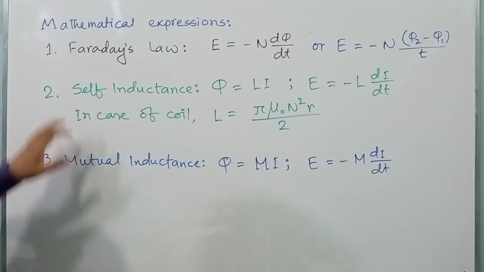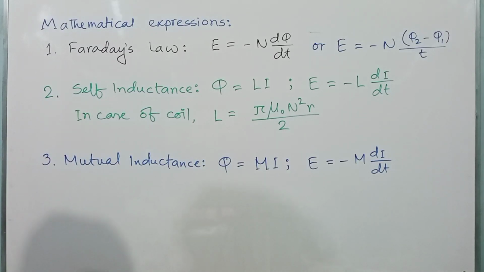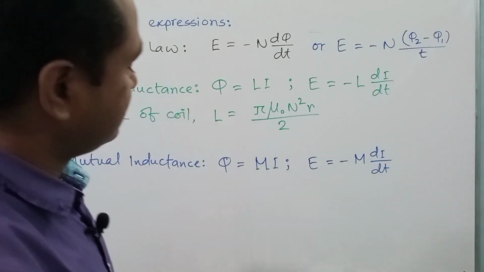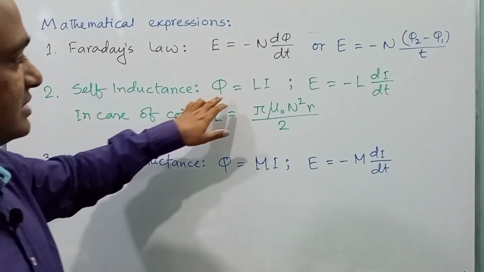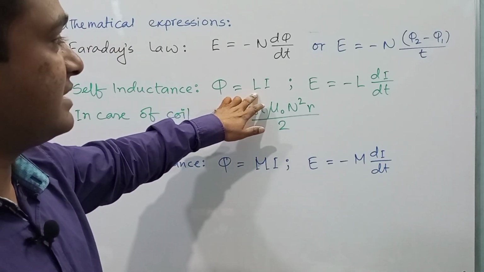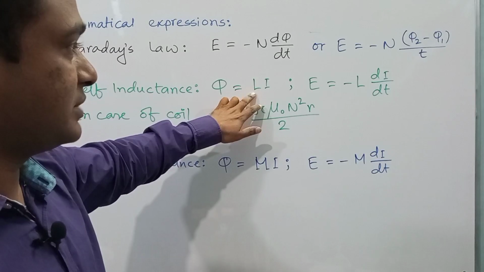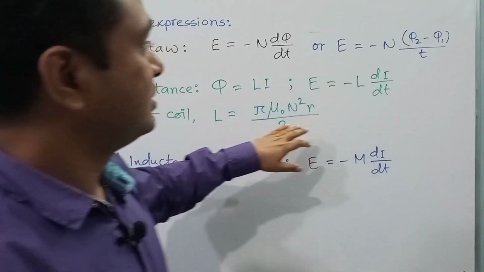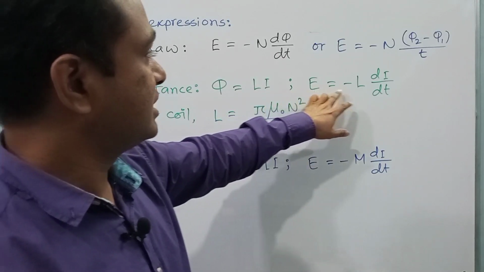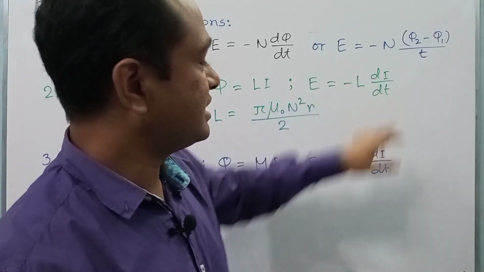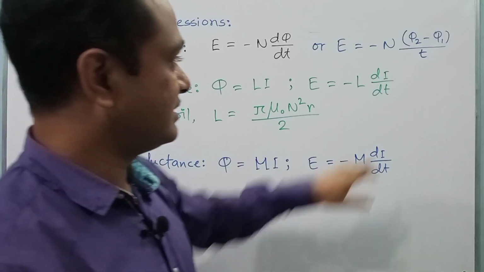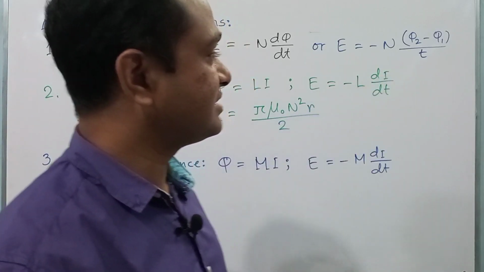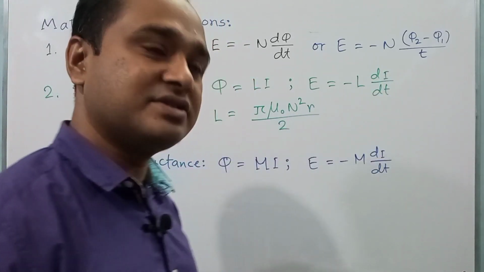For self inductance, the flux phi can be expressed as L I. Here L is the self inductance or coefficient of self induction. So using the value of phi in the expression, we can write that E is equal to L into di by dt, right? Here I is the current and di is the change in current in time dt.